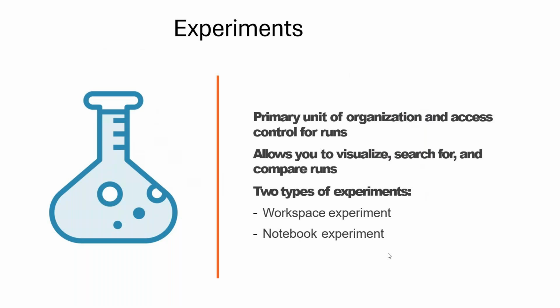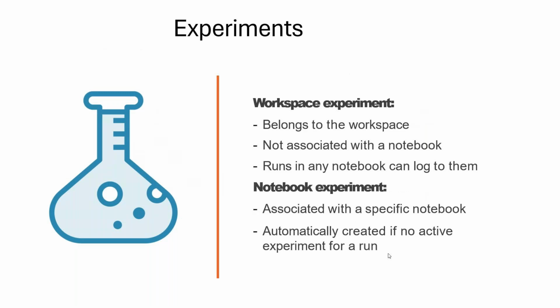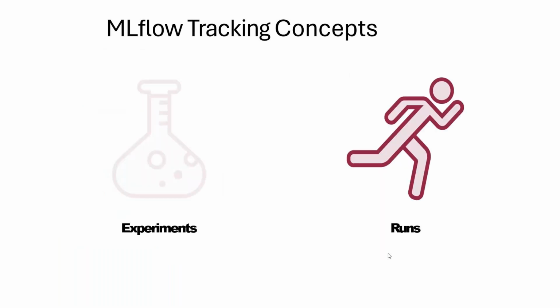There are two types of experiments: workspace experiment and notebook experiment. Workspace experiments belong to the workspace, are not associated with a notebook, and any notebook can log to them. Notebook experiments are associated with a specific notebook, and are automatically created if there is no active experiment for a run.